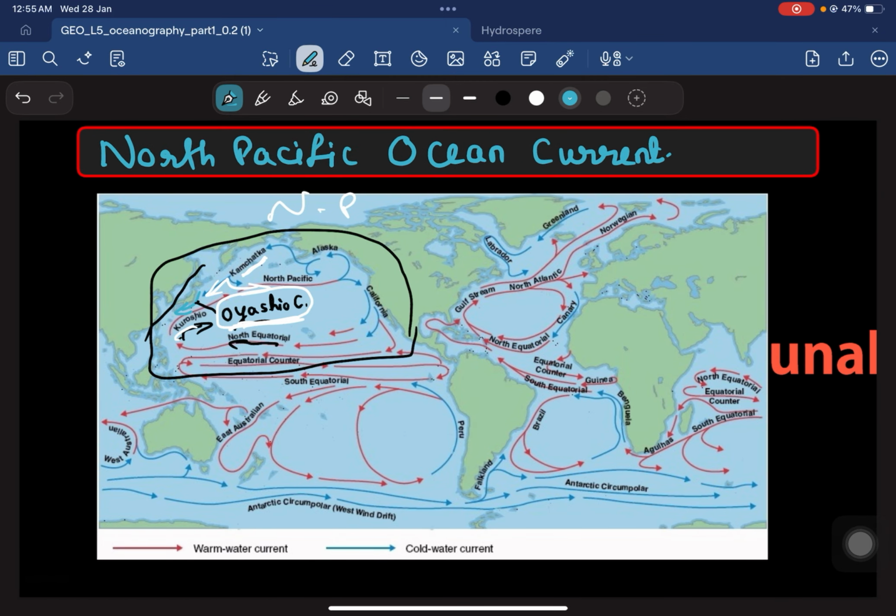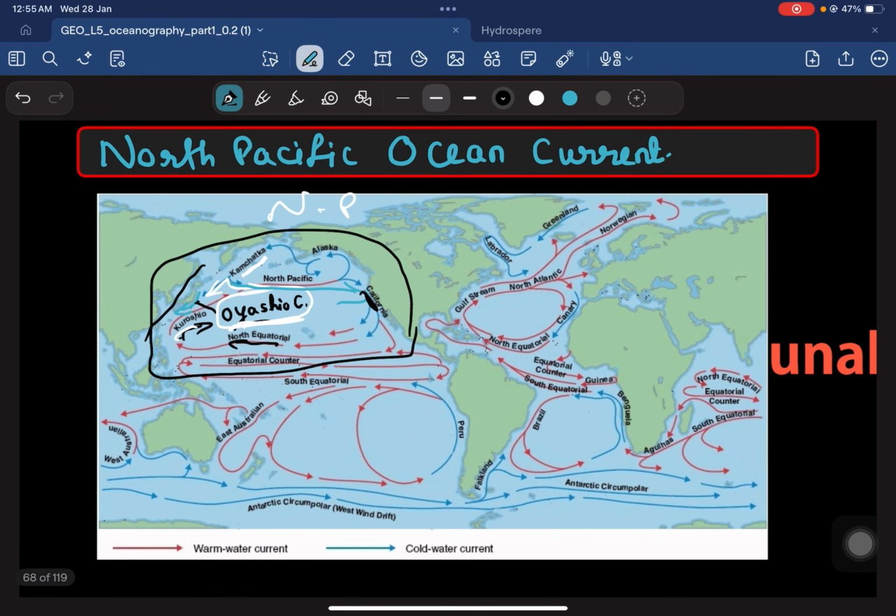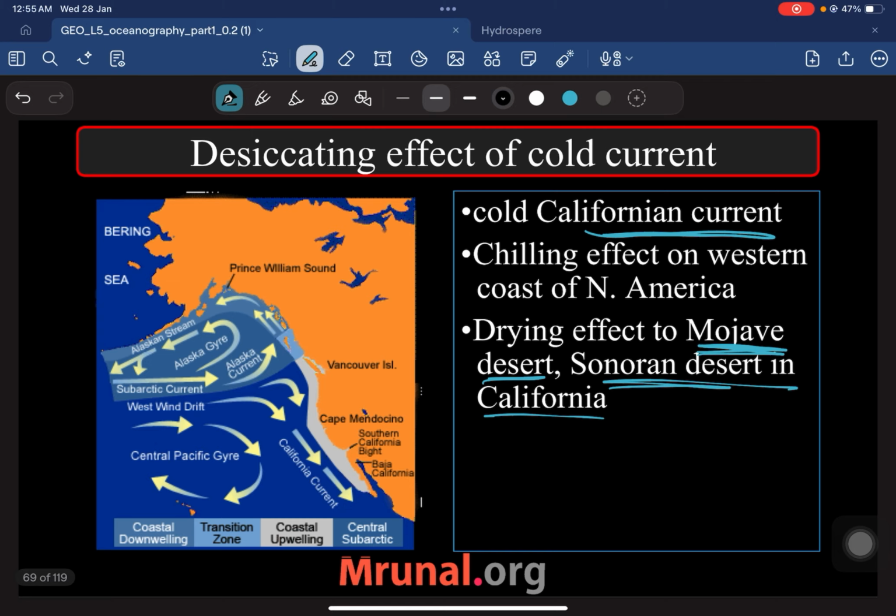One branch of this Kamchatka will become the California current. This California current will give a desiccating effect to the Mojave Desert and the Sonoran Desert.